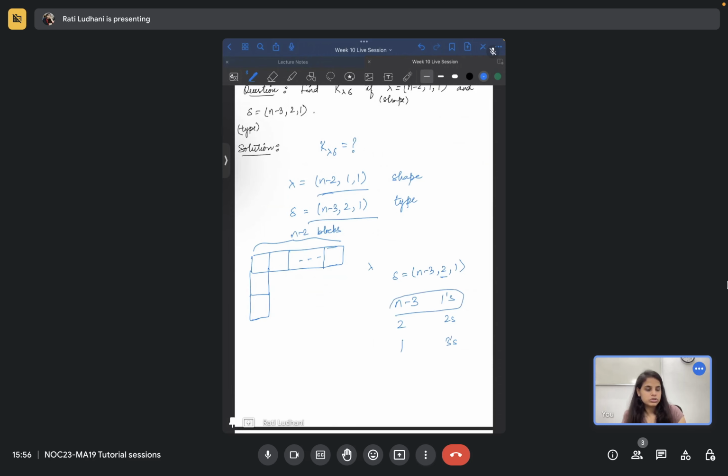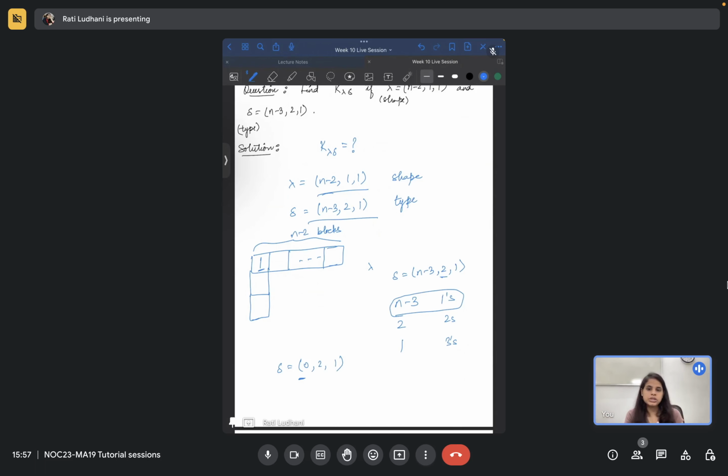So you have to start with 1. There is no other option, because in the second row it should be less, and on the right-hand side, if there is a 1, then it cannot be at some other place. For example, if the type has no 1, then the first block could be anything.